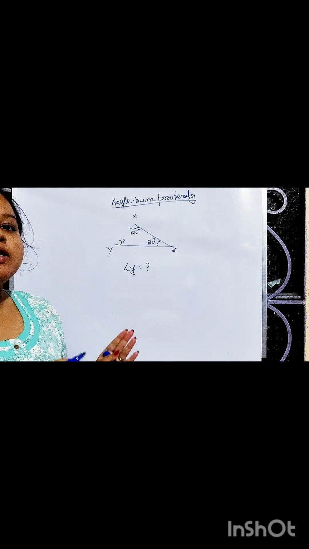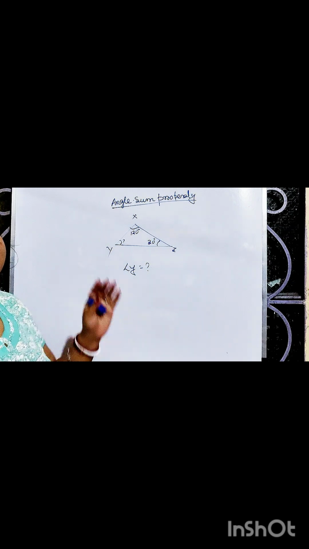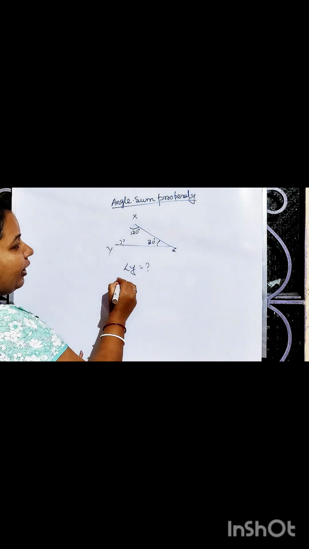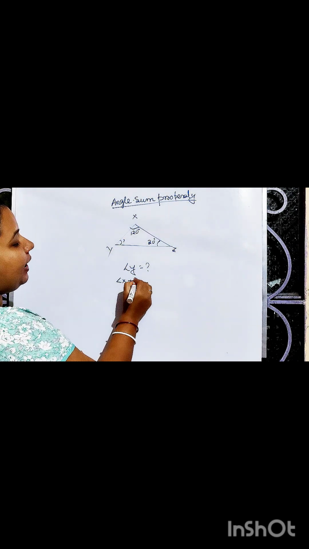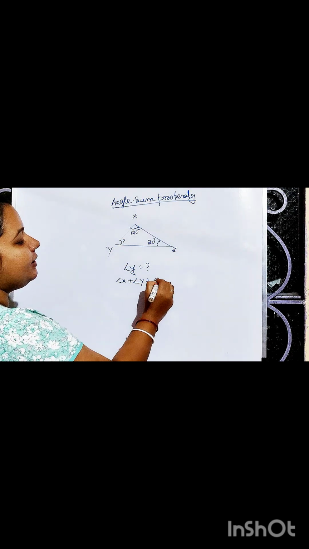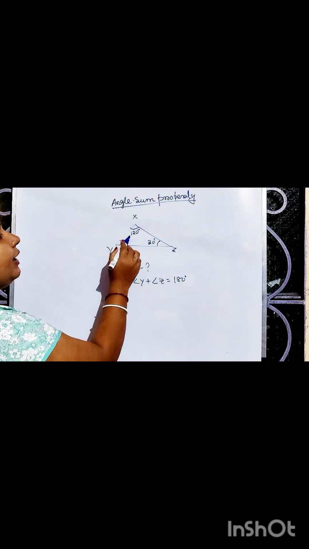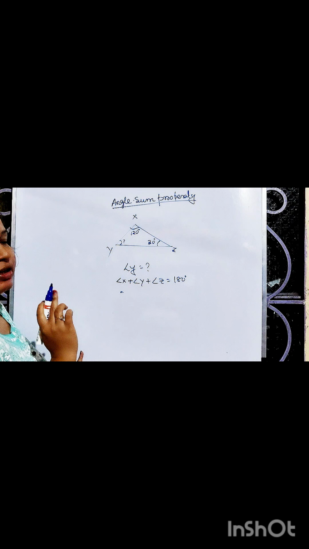So how to do these types of math? We know from the angle sum property that the sum of three angles of a triangle is 180 degree. So you can write here angle x plus angle y plus angle z equals 180 degree. Angle x and z are given, 120 and 30.